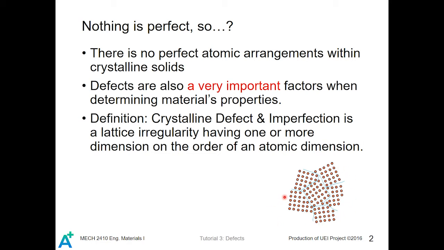It is because even though they have the same atomic arrangement, at different regions of this material the atoms are arranged in a different orientation, which represents the imperfection of atomic arrangements within these crystalline solids.